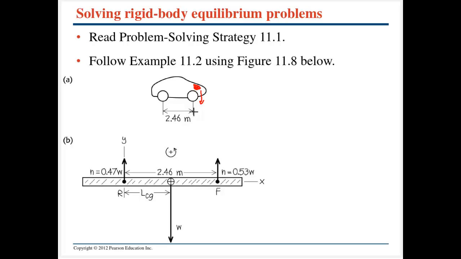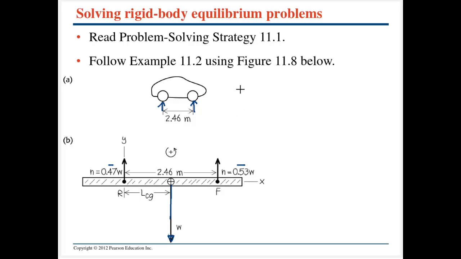That's going to be the point at which your car is going to rotate about. So could be a good thing to know. So you take your car and you put a scale right here under the rear wheels, a scale under the front wheels, and you find out that 53% of the weight is on the front wheels and 47% of the weight is on the rear wheels, and you have your weight going downwards here.